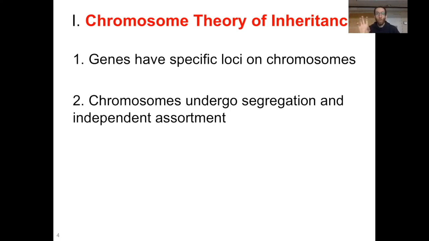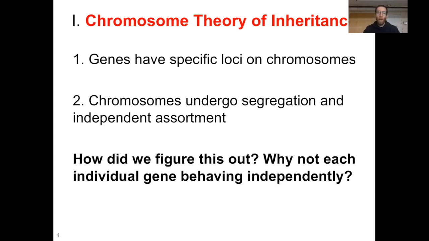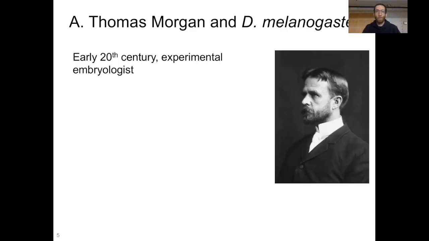What we now know is those rules are correct, but they apply to chromosomes rather than individual genes. So how did we figure this out? This is what we want to address today. Why isn't it the case that each individual gene is behaving independently during meiosis? This is what we're going to figure out.